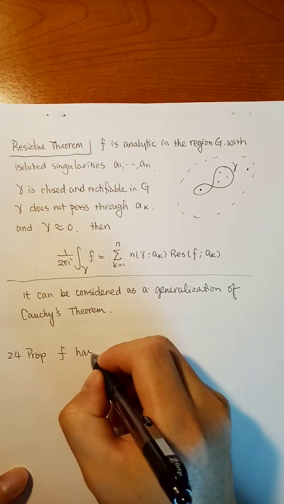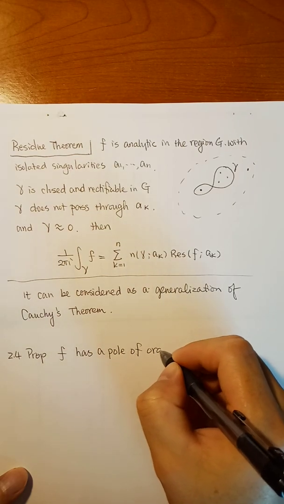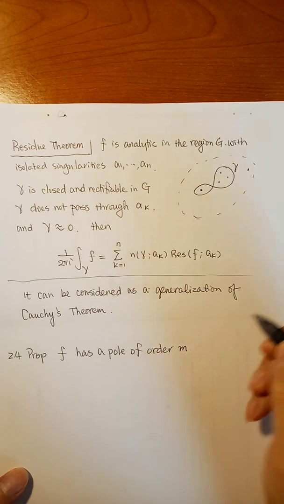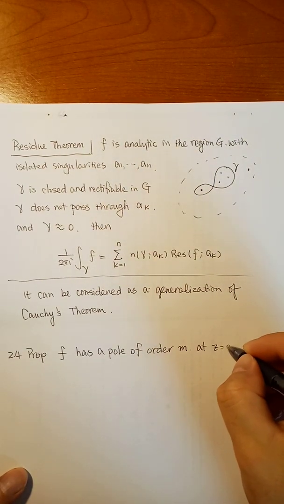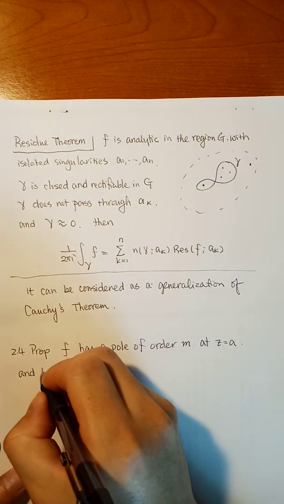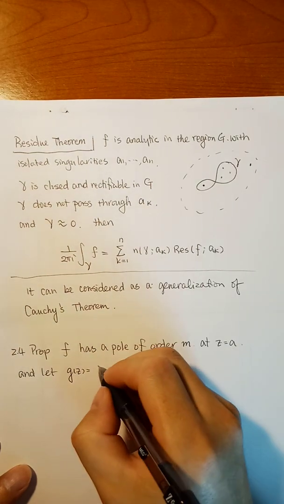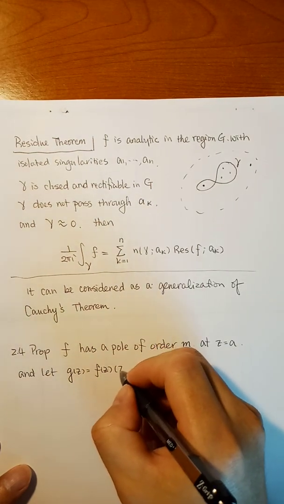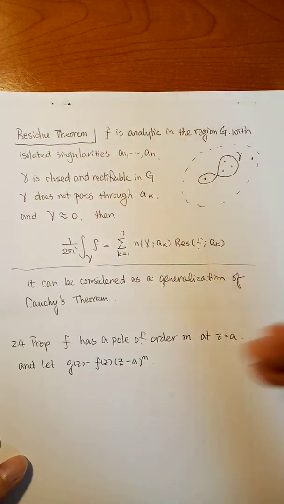The next proposition, which we discussed last time, was the following: if f has a pole of order m, we want to find a way to compute the residue. Let g of z be f of z times z minus a to the m-th power. You cancel that denominator.